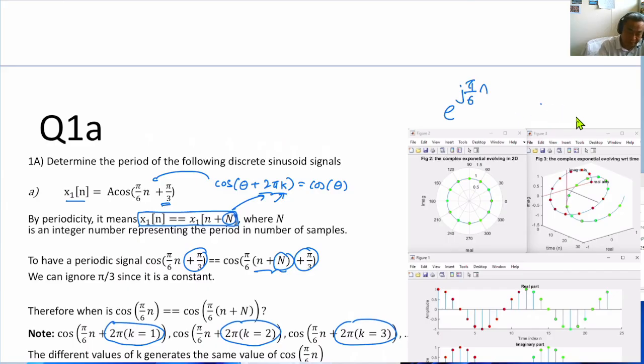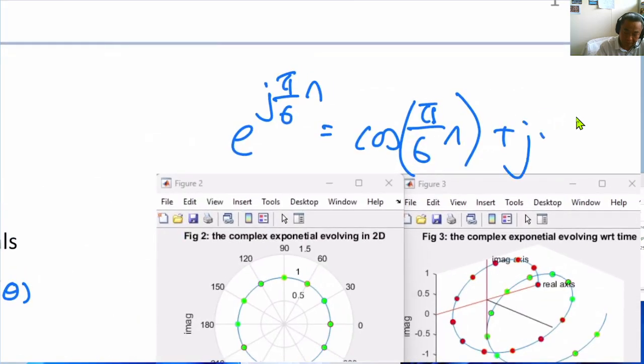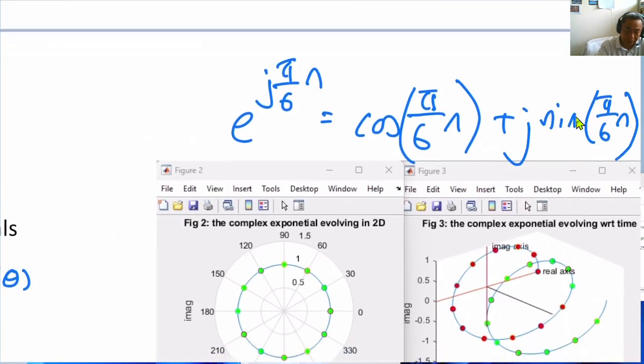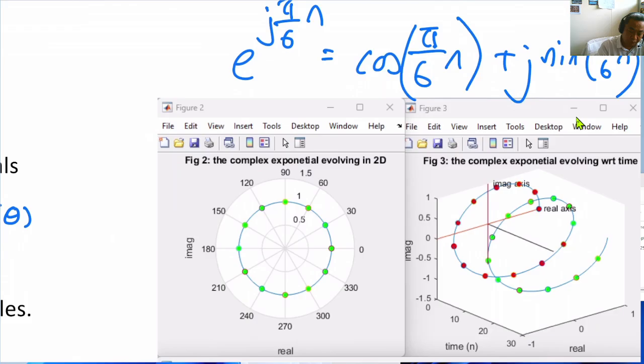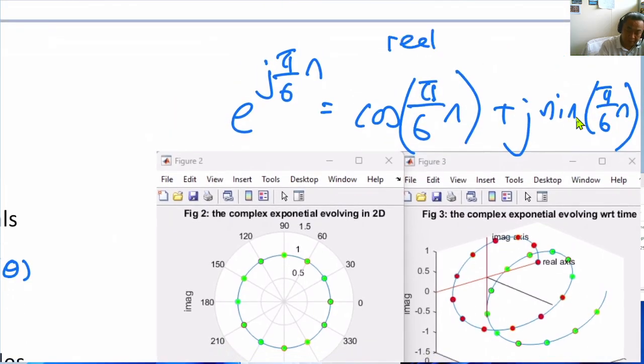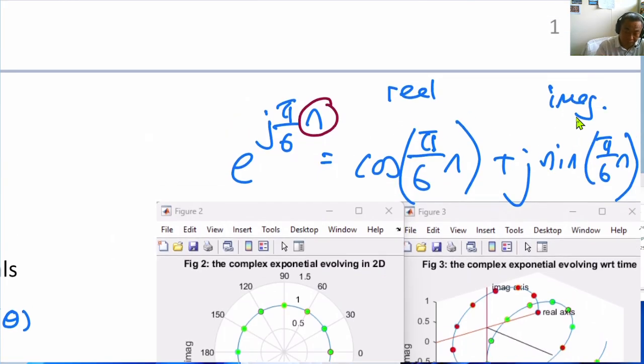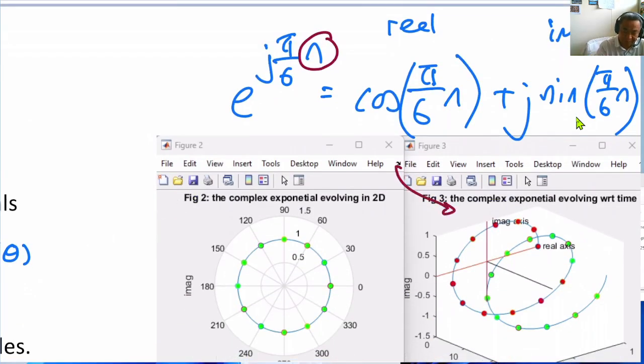It is a complex number, cosine pi over 6 n plus j sine pi over 6 n. This is by Euler's equation. It has a real part and an imaginary part. And the thing that is changing is n. As n changes, what we get is a rotating phasor, which is exactly this diagram over here.